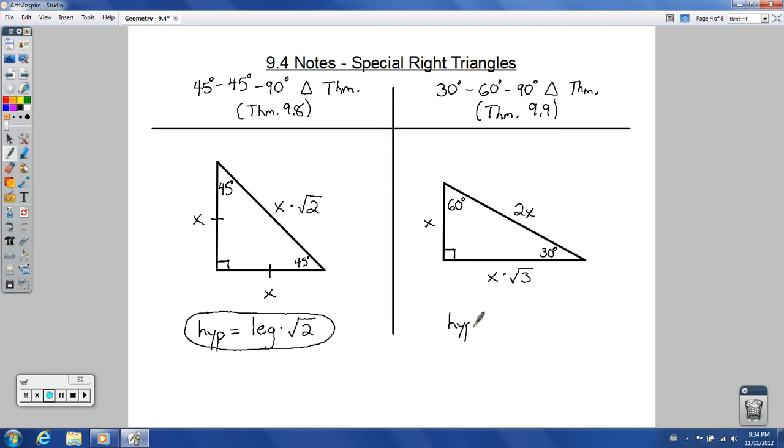The hypotenuse, here's the hypotenuse across from the right angle. It's twice as big as the short leg. So I'm calling the short leg just short for short. And this is the short times 2. And the long leg equals the short leg times radical 3.